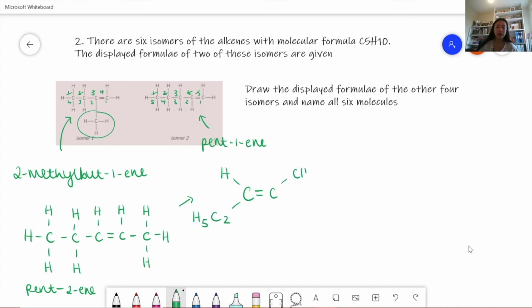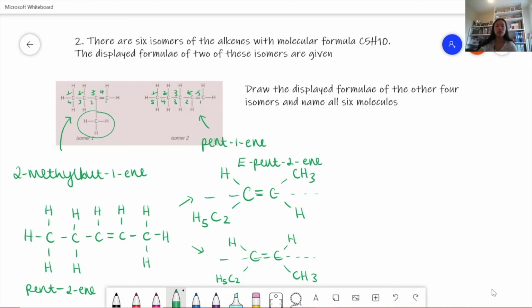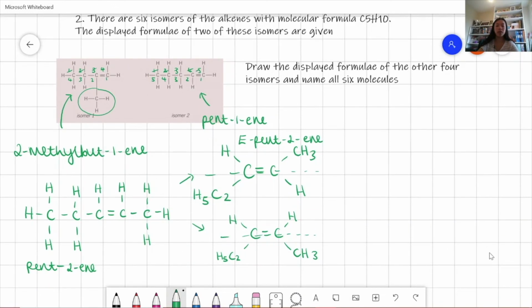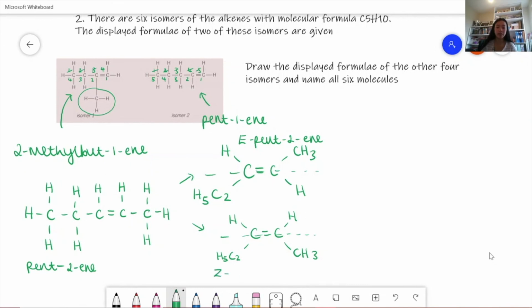Then here we could have CH3, and we see that when we divide it horizontally, the two substituent groups which aren't hydrogens are on opposite sides on the first one. So this must be the E pent-2-ene. Whereas on the bottom one, they're on the same side, and so we call this Z pent-2-ene. So now we've managed to get two isomers.